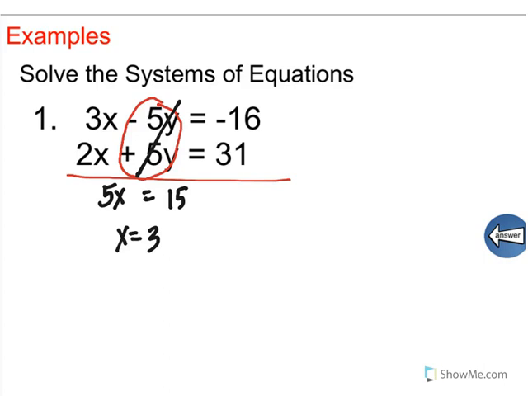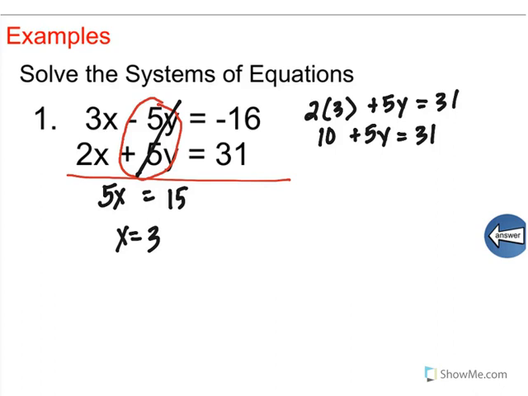Now that I know what x is, I plug it back into one of the 2 original equations. It doesn't matter which one. I might pick the second one just because there are no negatives in it. So 2 times 3 plus 5y equals 31. Well, 2 times 3 is 6.